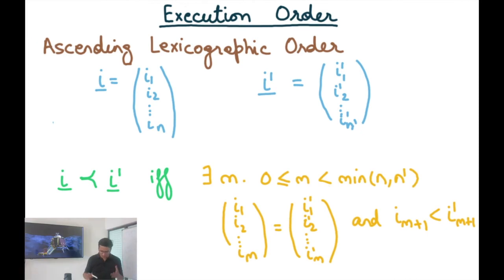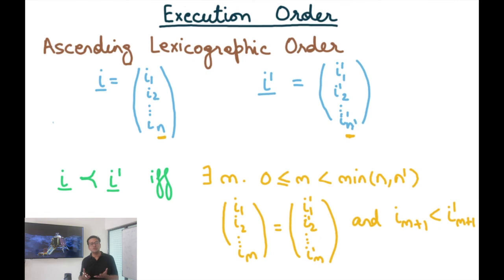Now, just for completeness' sake, let me define what an ascending lexicographic order is. I think you should already know this. Let's say there are two vectors I and I prime. I is I1, I2, I3 up to In, and I prime is I1 prime, I2 prime up to In prime. Notice first of all that n and n prime can be different.